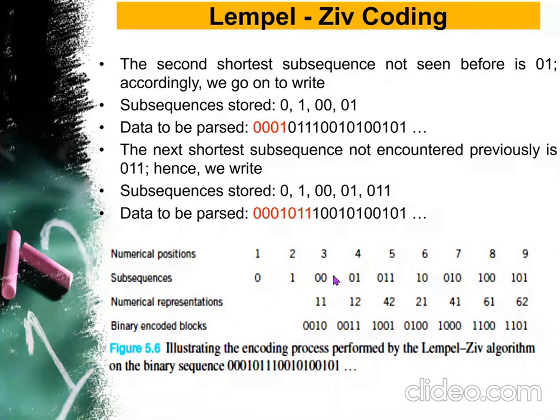So look at the third position. We always start from the third position because our data starts here. So look here, we are taking the LSB in the second row, that is the LSB of the subsequence, down into the fourth row as it is, which is again the LSB of the code word in the fourth row.